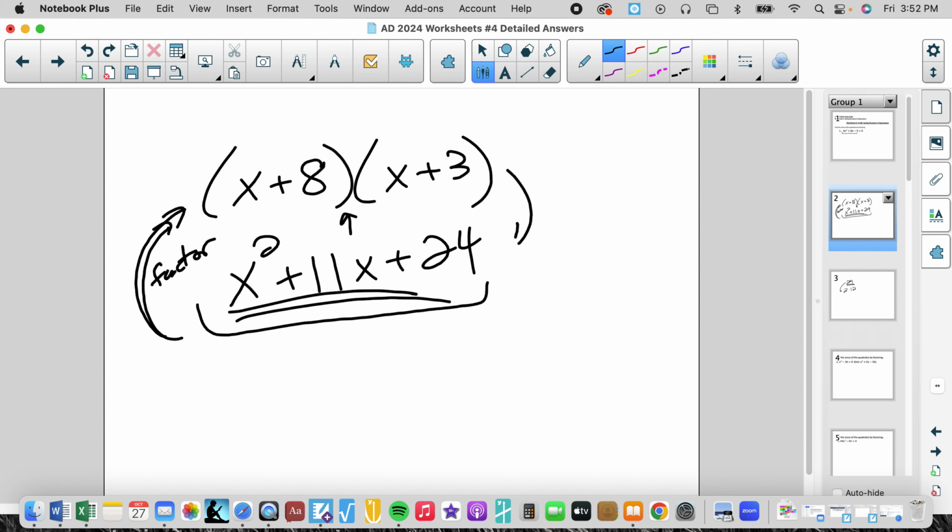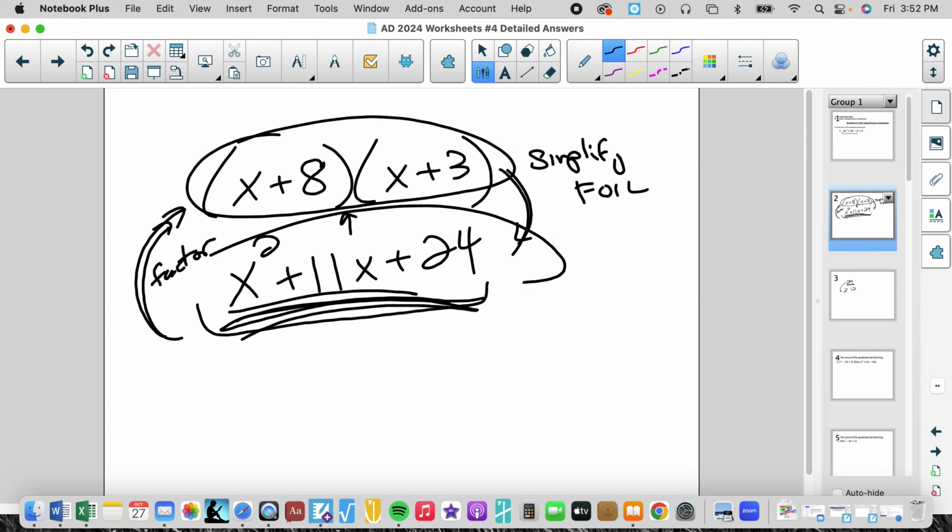When we go in this direction, like in worksheet number 3, when we're given two binomials and it says to simplify, and we simplify by foiling or the double distribution, we would end up creating this. So it's very important that we understand both of the states. When it's in this state, it's factored. When it's in this state, it's been simplified.